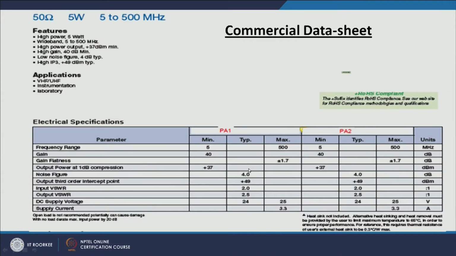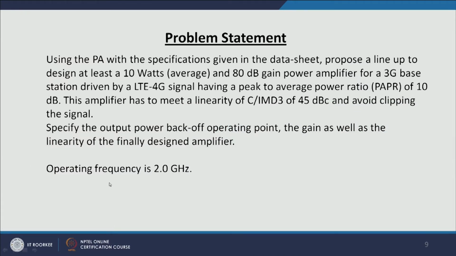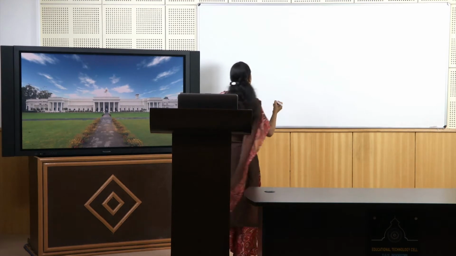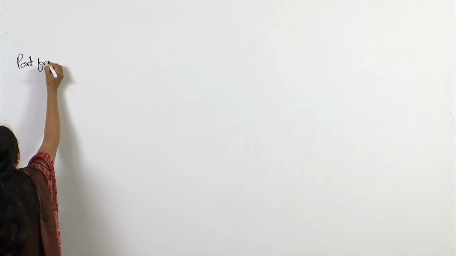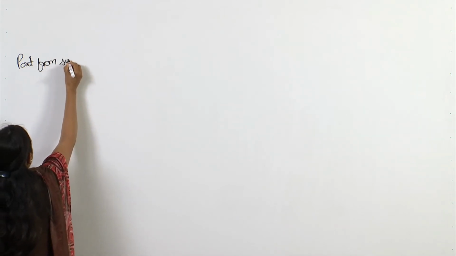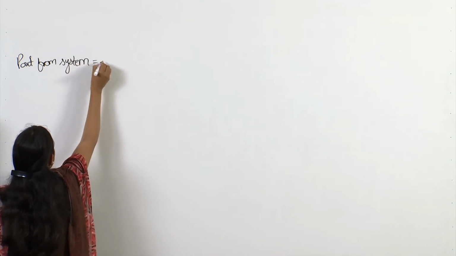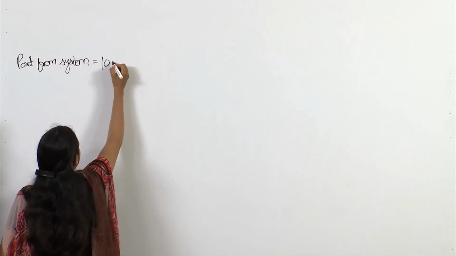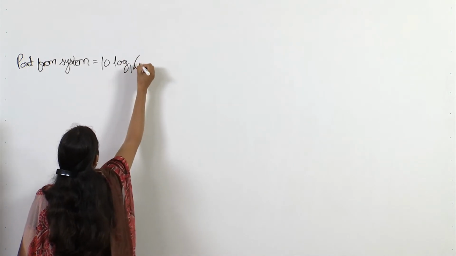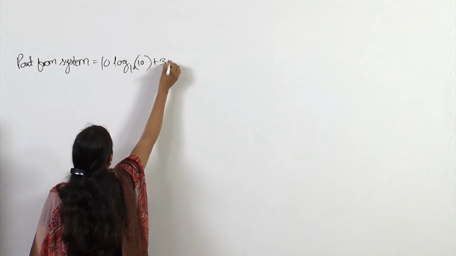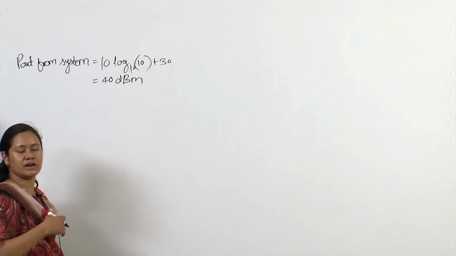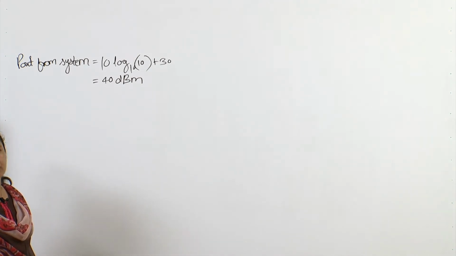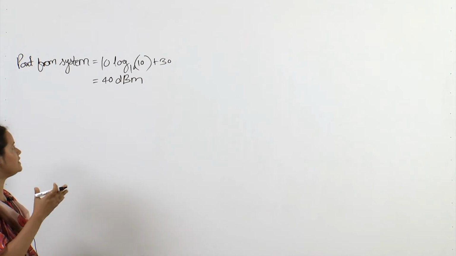Now, we will again go through our original problem, which was designing a power amplifier. So, let us note down our key ideas. So, first of all, P out from system. Yesterday we calculated that 10 watt should be equal to 40 dBm, and because we are using a signal with 10 dB PAPR, we should be able to provide this signal without clipping it.